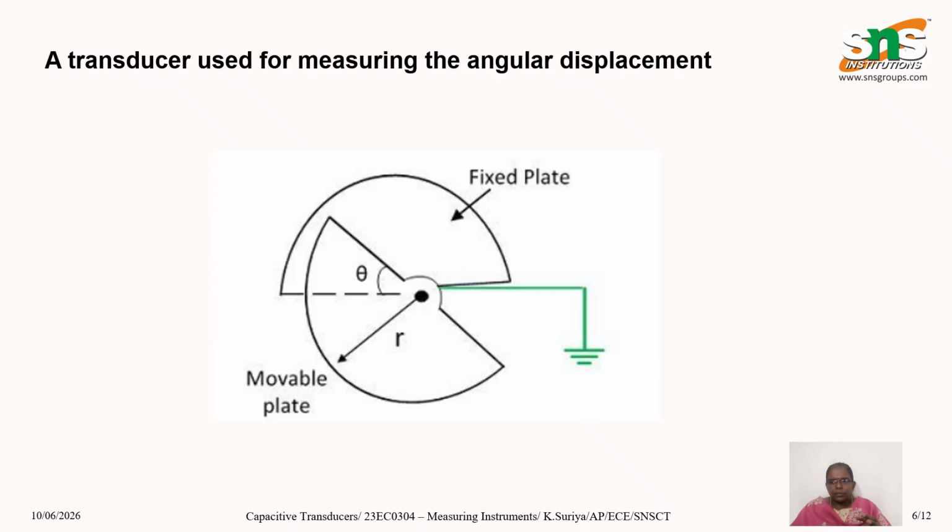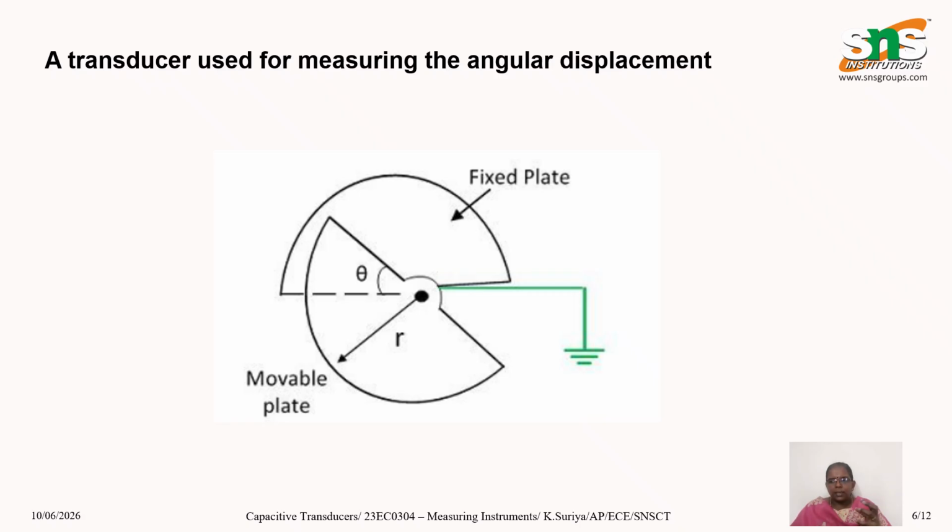Capacitive transducers can also be used to measure angular displacement. In this arrangement, one capacitor plate rotates with respect to the other fixed plate. As the angle of rotation changes, the overlapping area between the plates also changes. This variation in overlap produces a change in the capacitance.